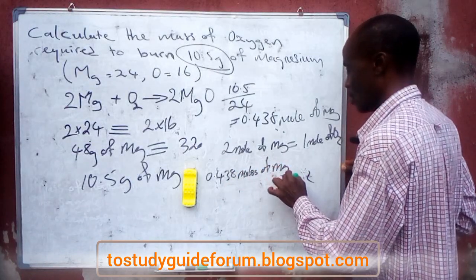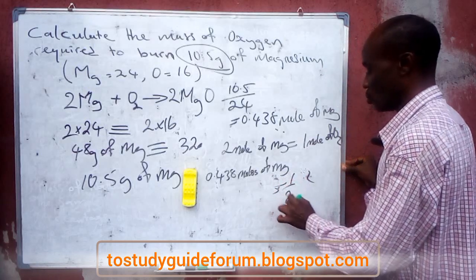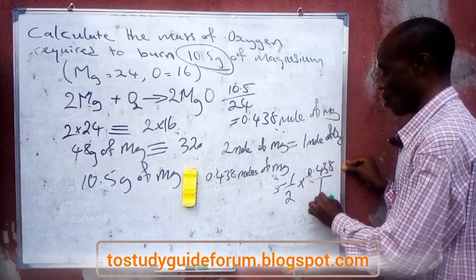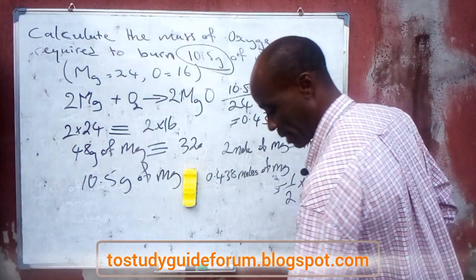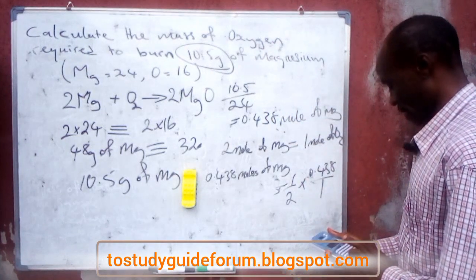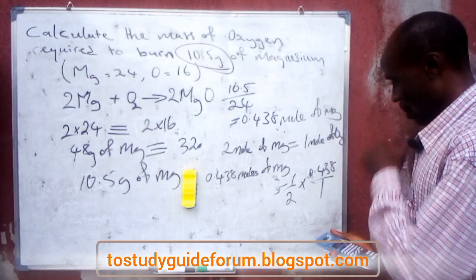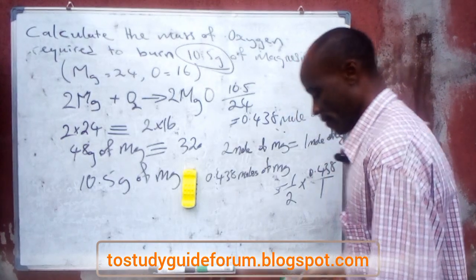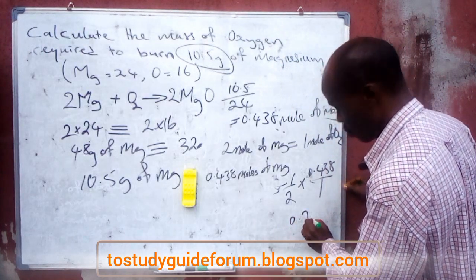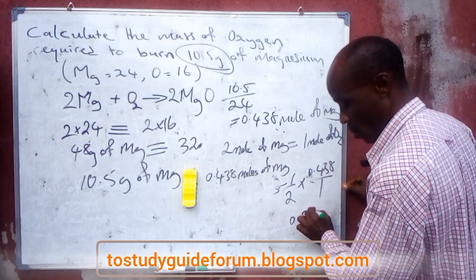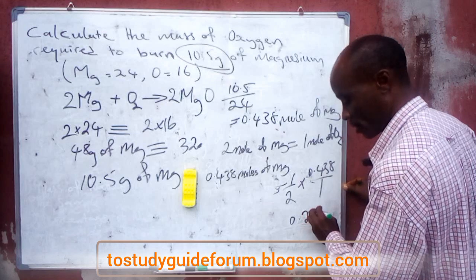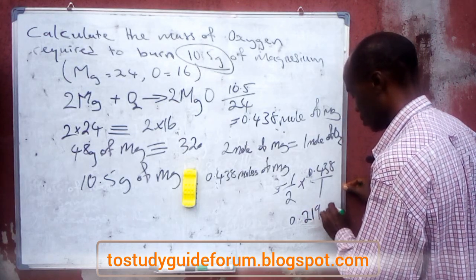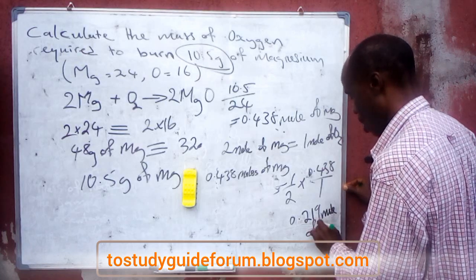That will then be equal to 1 over 2 times 0.438 moles. Dividing by 2, we have approximately 0.219 moles of oxygen.